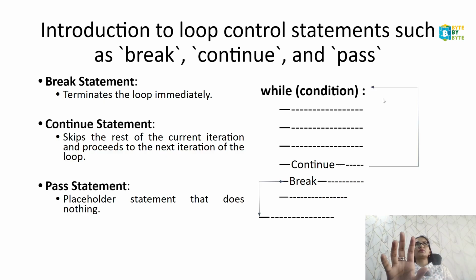Consider an example where you have been given a list and you need to check whether a particular stock is available or not. You are going through your list, and at some point you are not able to find that particular item.